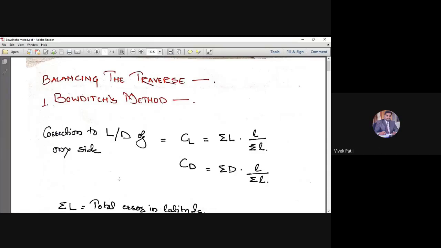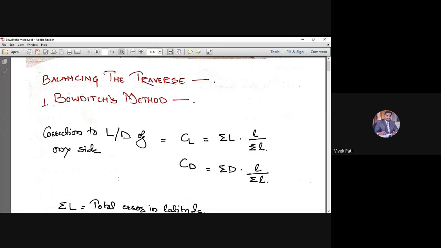So yesterday we were discussing some numericals related to calculation of latitudes and departures. We have calculated some latitudes and departures and tabulated them.